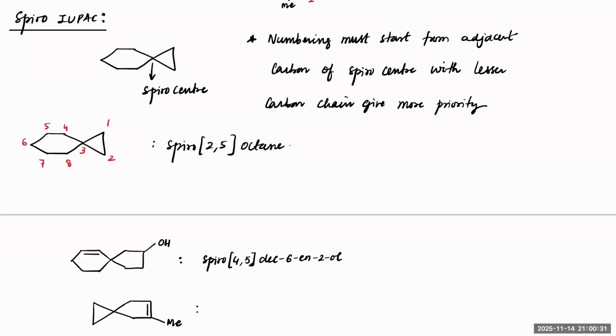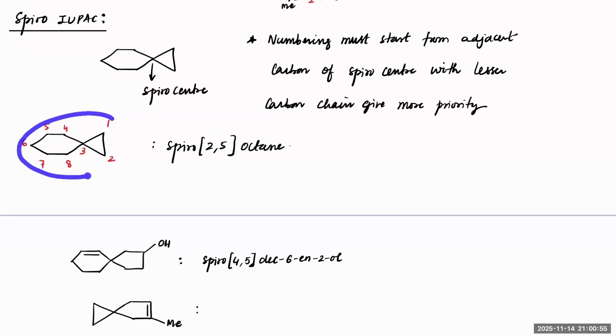Okay. And it is exactly the opposite way of bicyclo. Now, you should give lesser carbon chain more priority. And the sequence should be from lowest number of carbons to the highest number of carbons. This is exactly the reverse of bicyclo, everybody, while giving the numbering. So check out.